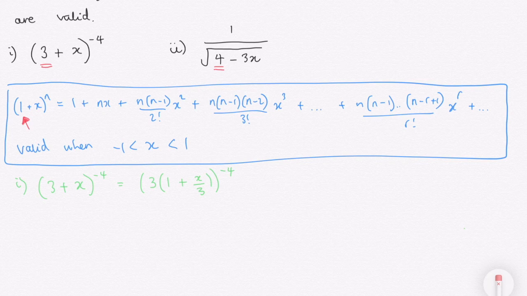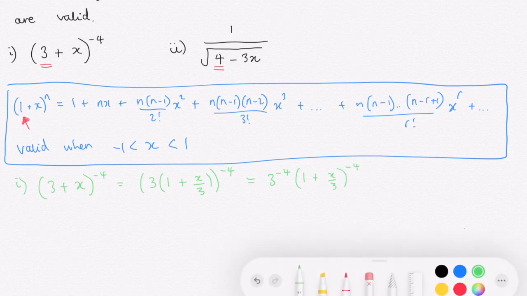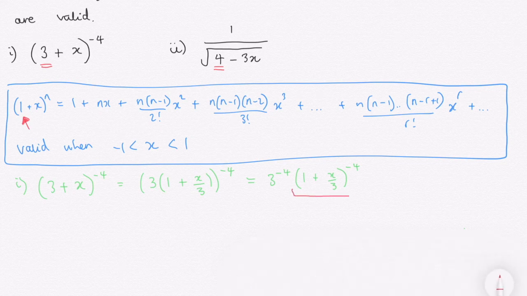Well, okay, that's useful because we've got a 1, but let's think about what this is equal to. This is equal to 3 to the minus 4, lots of 1 plus x over 3, to the minus 4. Well, this is good because this is something we can now use our binomial theorem to expand.